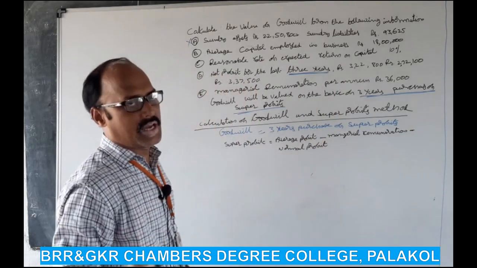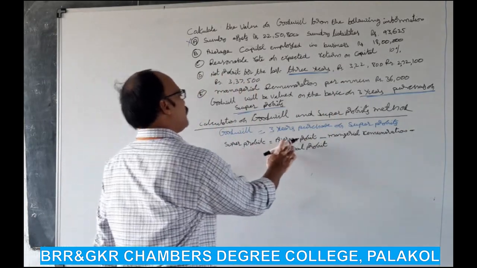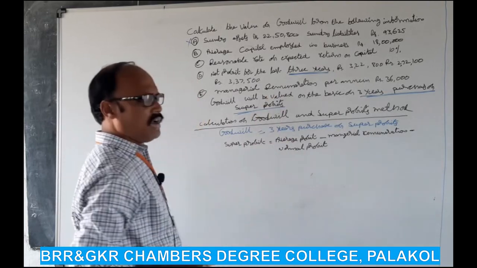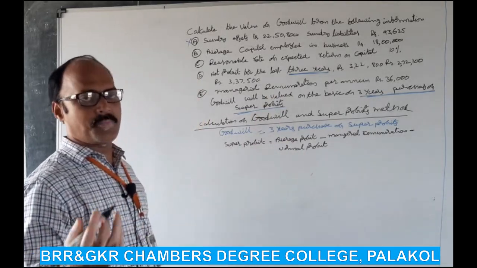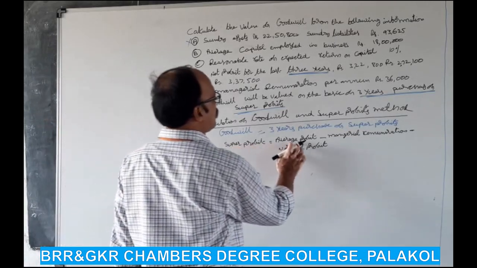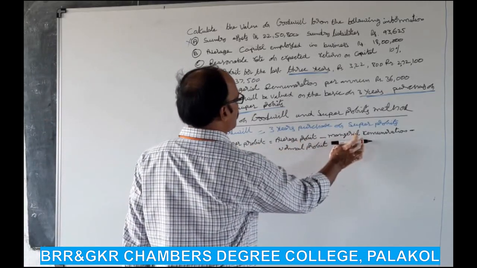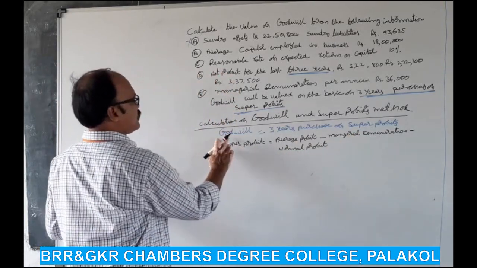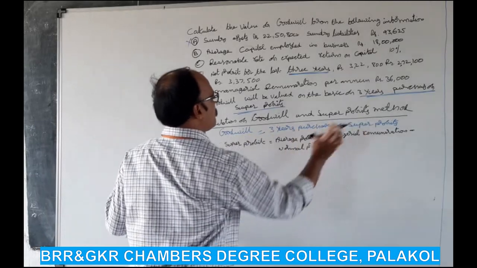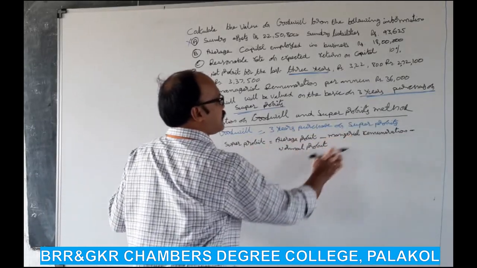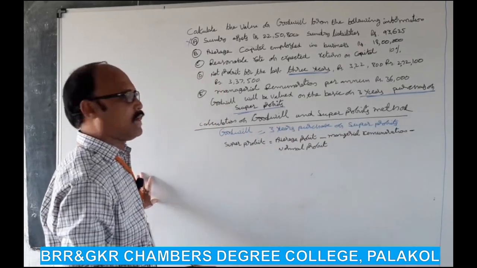Actually, the principle for calculation of super profit is average profit minus normal profit. The managerial remuneration is an additional point available in the problem. That's why super profit is equal to average profit minus managerial remuneration minus normal profit. Goodwill is equal to 3 years purchases of super profit.